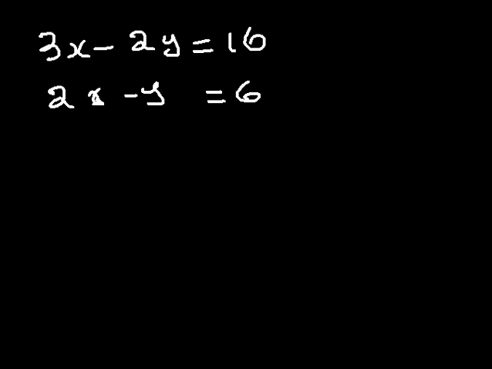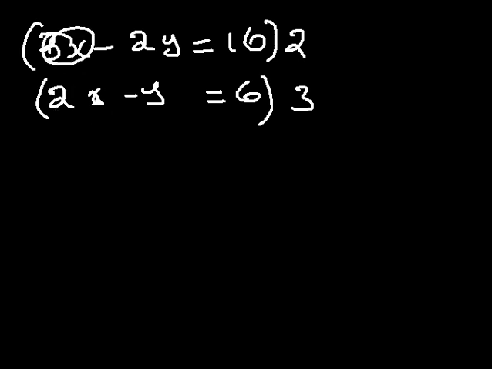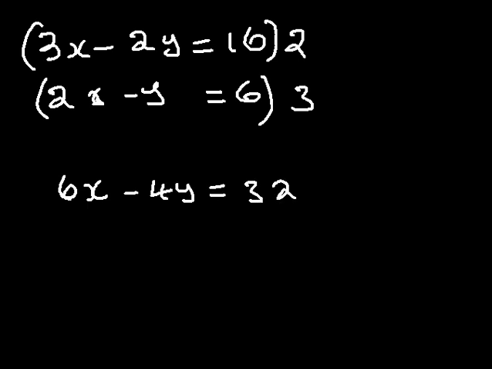What we'll do is multiply this equation by 2 and this equation by 3, so that we have similar contents here. In that case, we'll have 6x minus 4y is equal to 32. Mind you, this 2 should multiply everything in equation 1. Then we'll have 6x minus 3y, which is equal to 18. That is for the other equation.